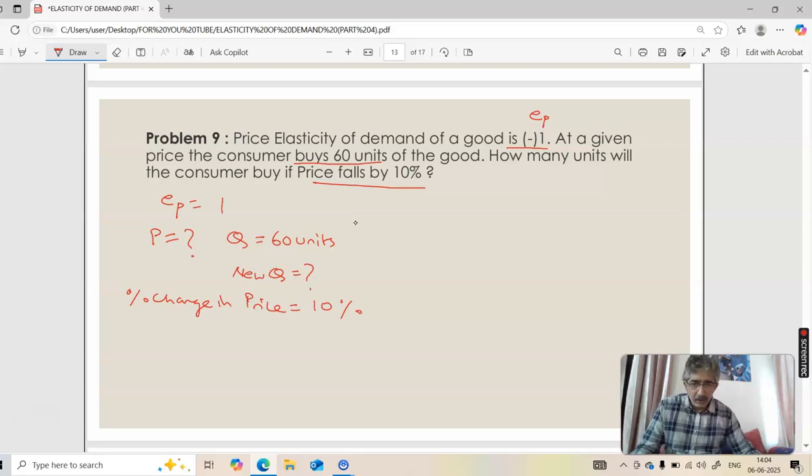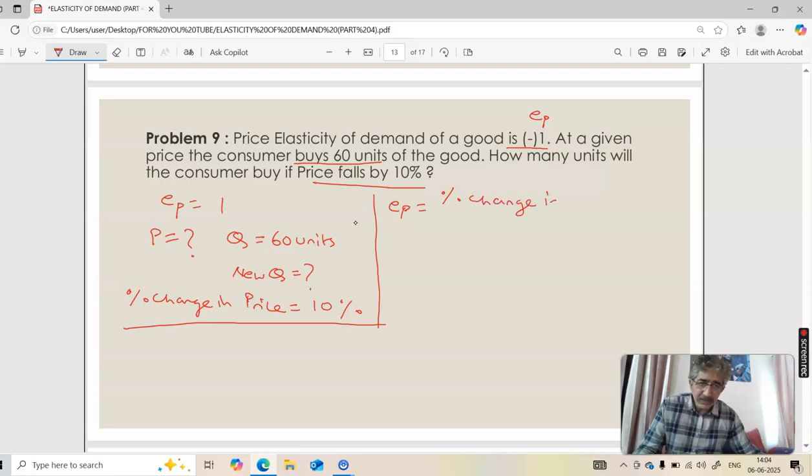Now let's apply the first formula, according to which price elasticity is equal to percentage change in quantity upon percentage change in price.